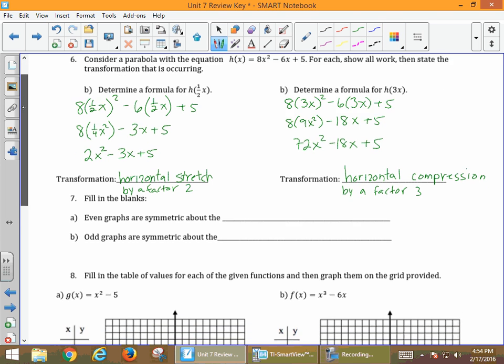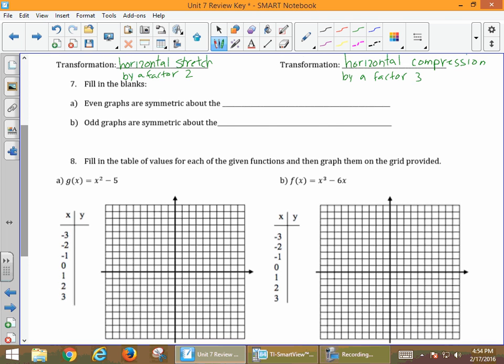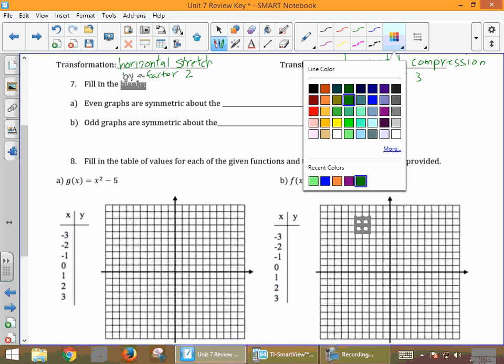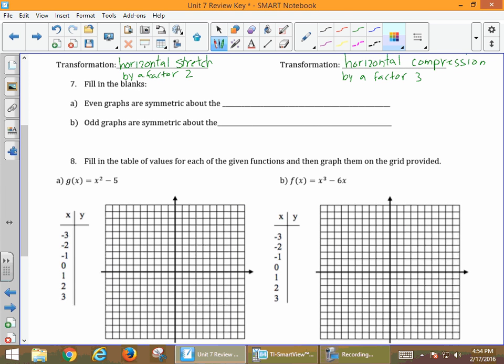Question number 7, what we did today in class, we talked about even and odd functions. So even functions are symmetric about the y-axis. Remember what this means.